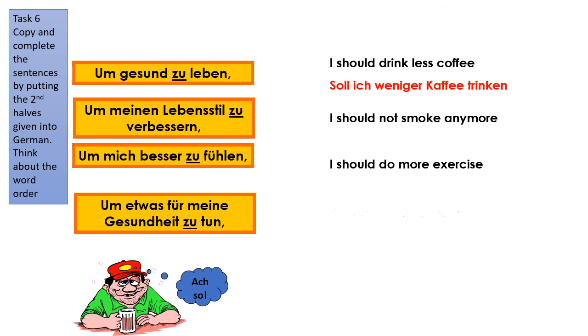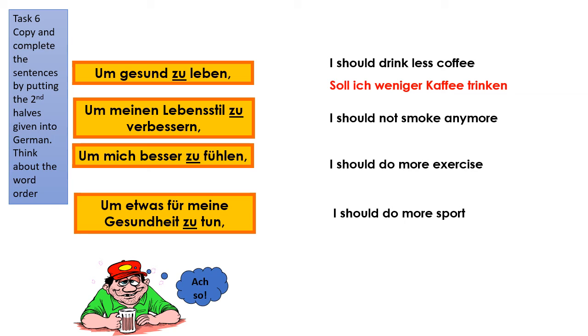So for task 6, it's now your turn to try and put these into German. So you've got the beginning of the sentences there in the yellow box, and then you've got the endings written in English. So I want you to put them into German, and you need to think really carefully about the word order. Use the 2 slides previous to this one to help you think about how you're going to put that sentence together.